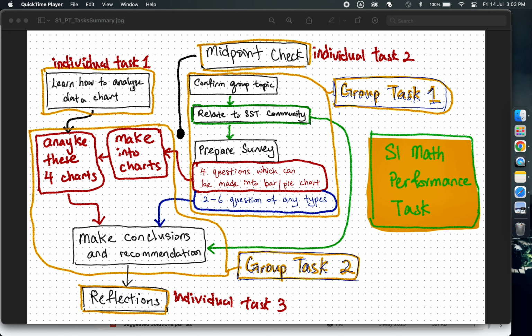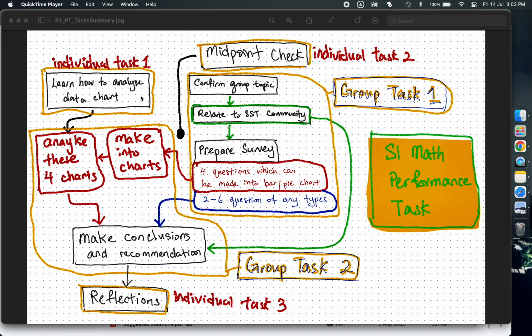So that's the first thing you did, right? After that, it is the group task one, which is what you're supposed to do this week, and it's Friday already. So I hope you can actually work on it. Hopefully find time to meet up with your teammate over the weekends and see if you can come up with something. So what are the things you're supposed to do? You're supposed to confirm the group topic.